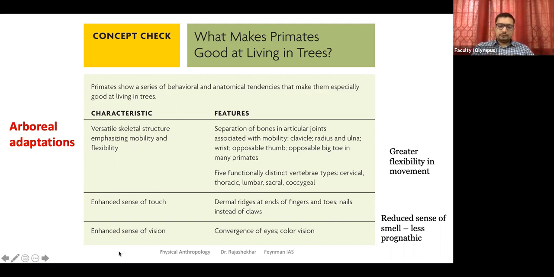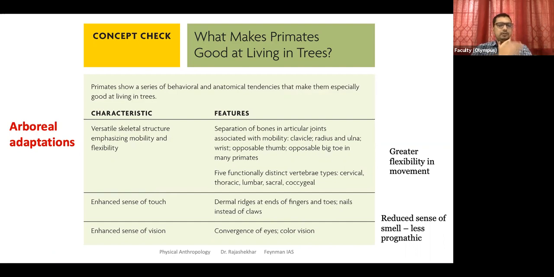So reduced sense of smell and increased vision, you can also mention them as part of the arboreal adaptations. There is less disturbance from the background smell, basically on trees here. Plus, here you can add increased or enhanced sense of touch.